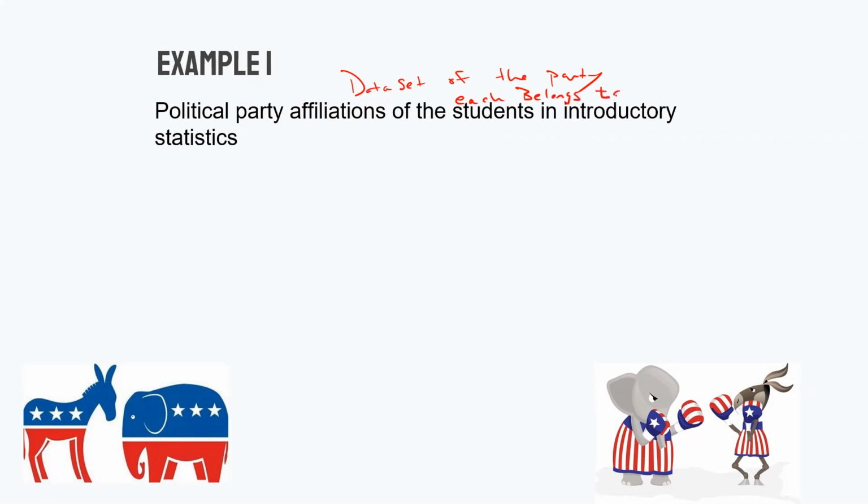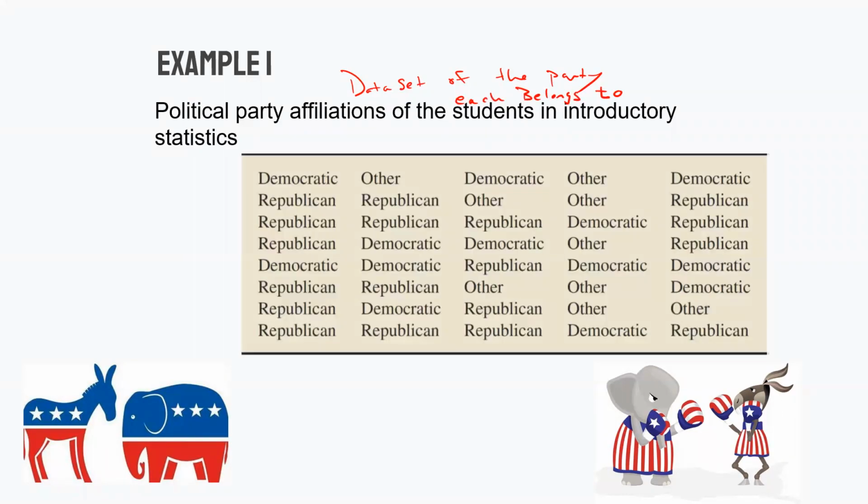When you think about political parties, what are the two main political parties in the United States? Democrat and Republican. Yeah. But then the next question is, does everybody classify themselves as a Democrat or Republican? No. So if you look here, I have a list of each student.